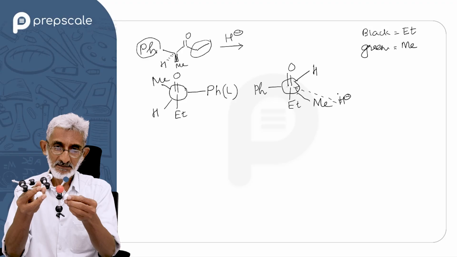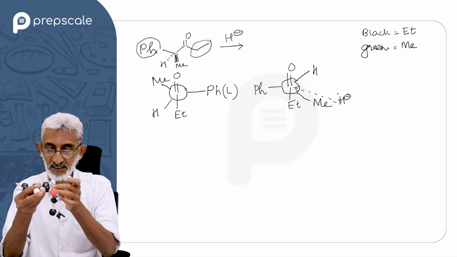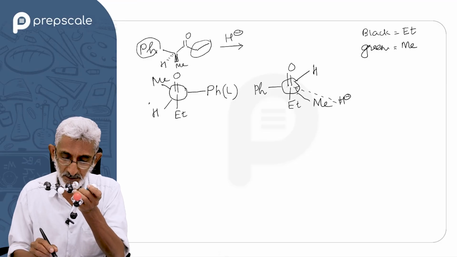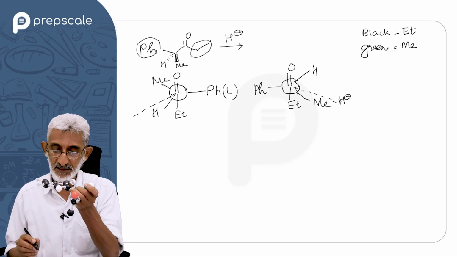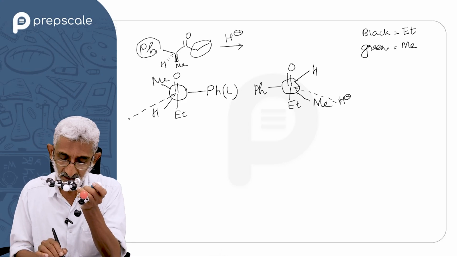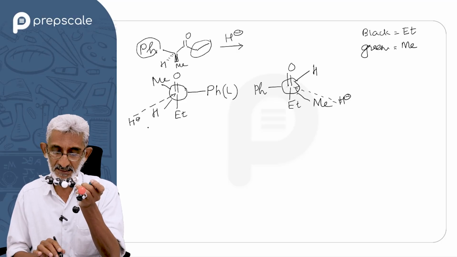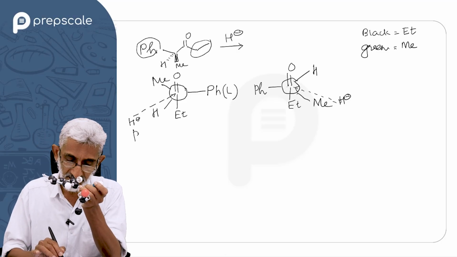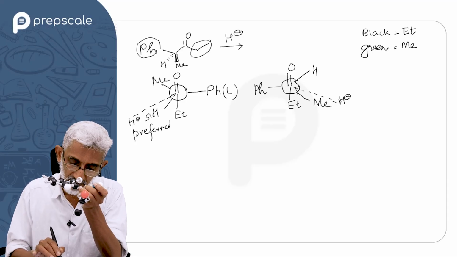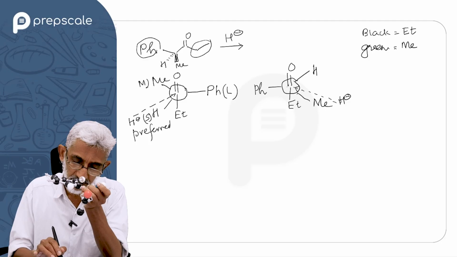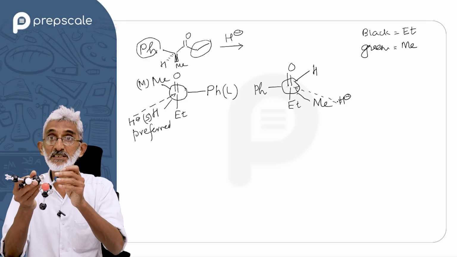Okay. Now compare these two. So that means I can draw on the other figure an attack from this side. Now by itself you can understand which side will be preferred. H minus attacks here. This is preferred. Because this is the smallest group, this is a medium group. Here you have methyl group. See, this is methyl group. Methyl group is bulky.